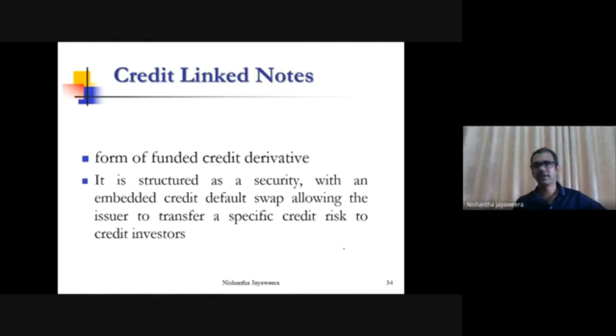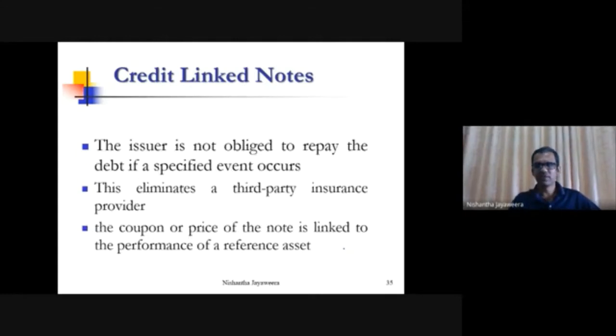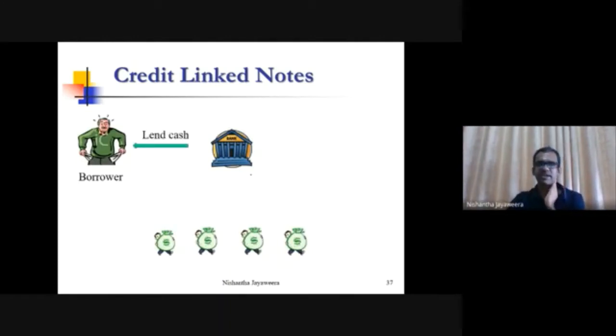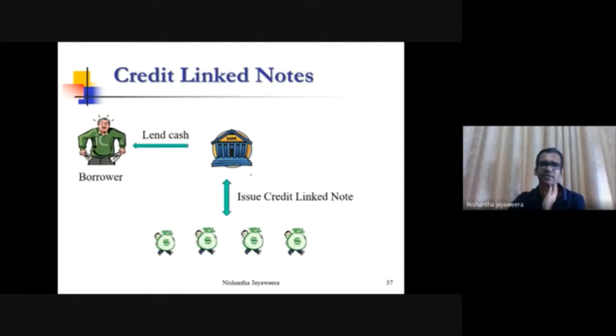In credit linked notes, this is a different sort of product. I'll explain through this. There's a borrower and a bank. The bank lent cash to the borrower, then issued a credit-linked note to investors, saying that whatever the cash flows will be depends on the borrower's payment.